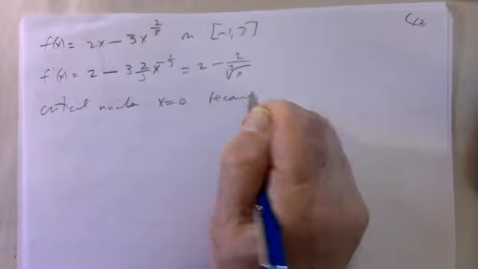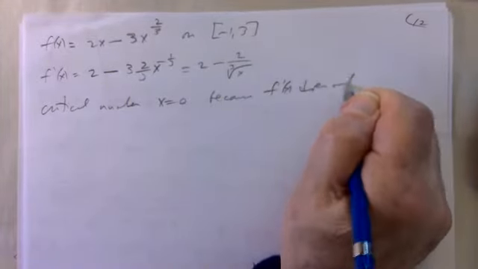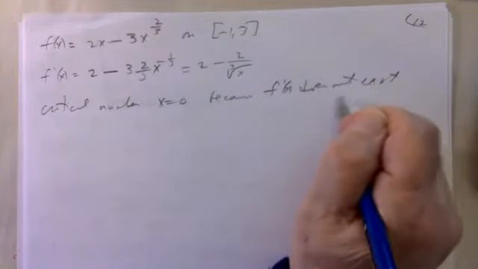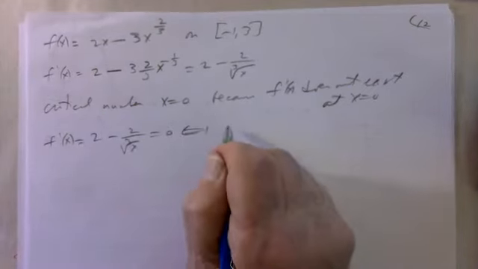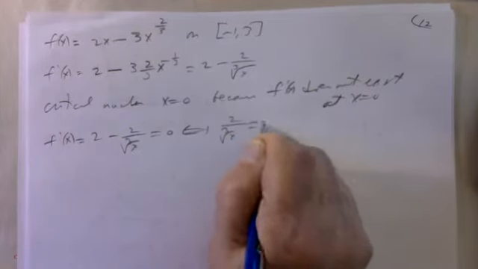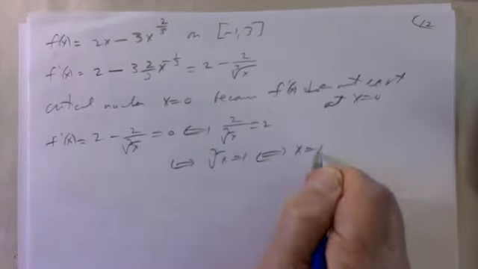So one critical number is x equals 0, because the derivative does not exist at x equals 0. On the other hand, f prime of x, which is 2 minus 2 over the cube root of x, equals 0 when 2 over the cube root of x equals 2, which is the same as the cube root of x equals 1, or x equals 1.